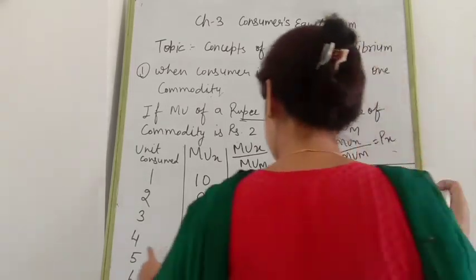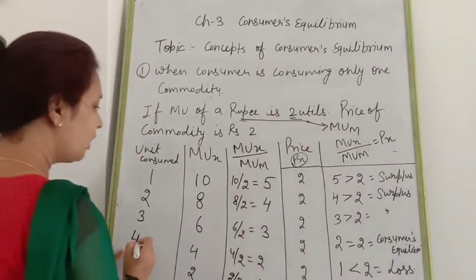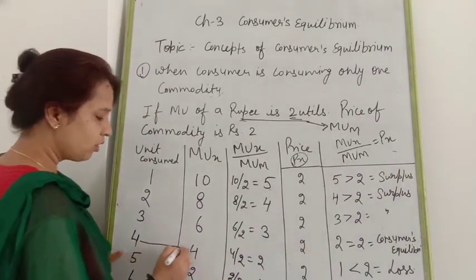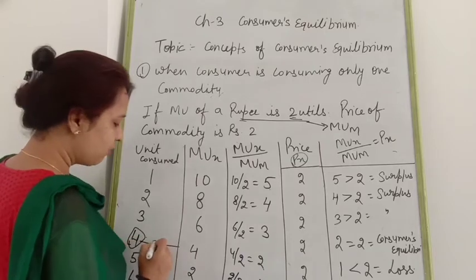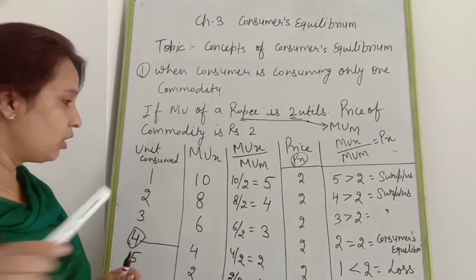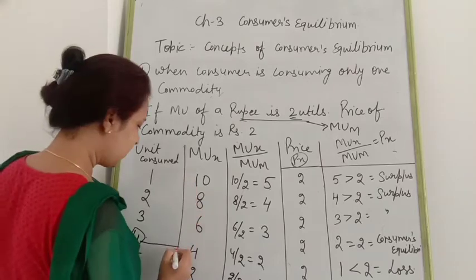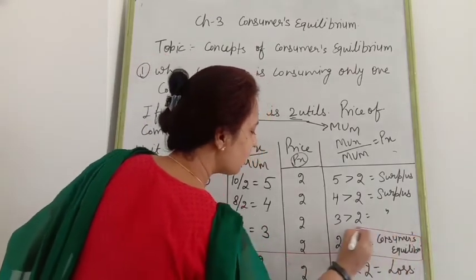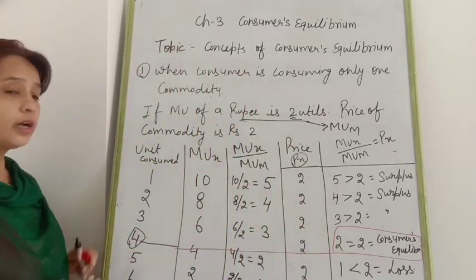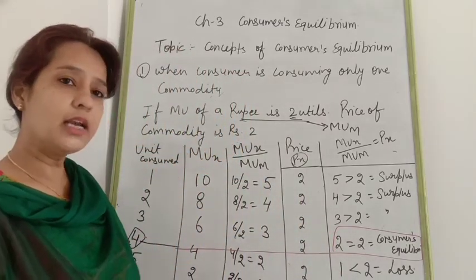Here, what will be the consumer equilibrium point? Till the fourth unit he is going to consume. Why? Because at this point, you can see the consumer equilibrium point. Here he is not facing any kind of loss.